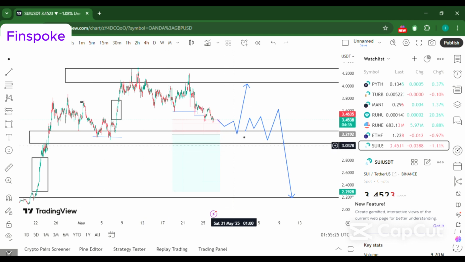Then if the price comes to retest this mid demand zone to push up, you also still need to get a confirmation from the lower time frame that it is ready to move. And if it is, you are going to take a trade from this zone too.